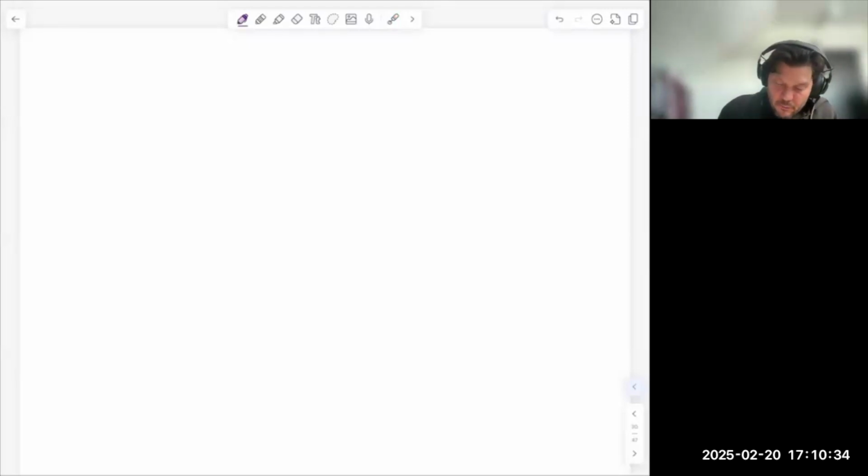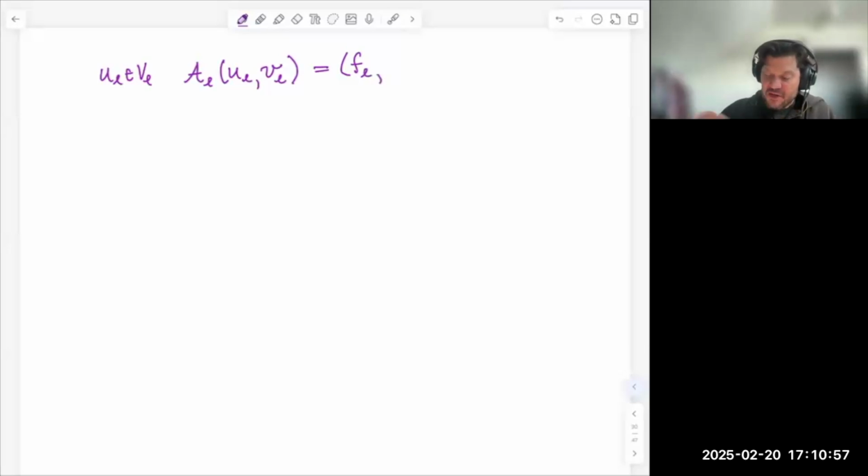So we said we're going to look for a UL. So we're looking for UL in VL such that AL(UL, VL) equals, and I'm going to replace that F that was over here with FL, where that just means the projection into the space VL of F, for all VL in VL.